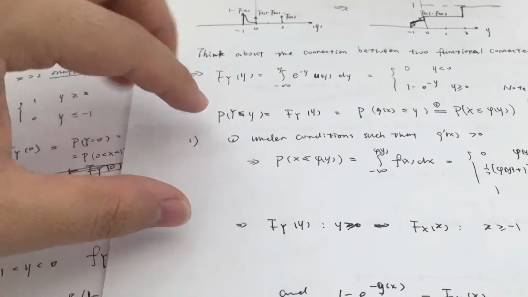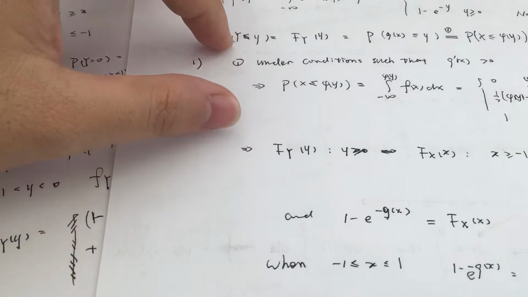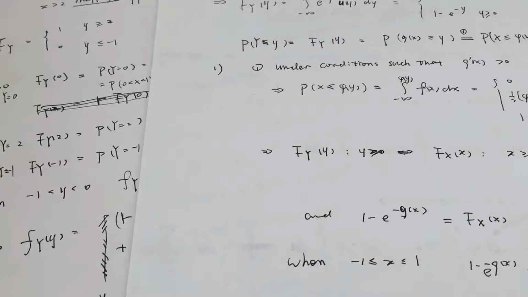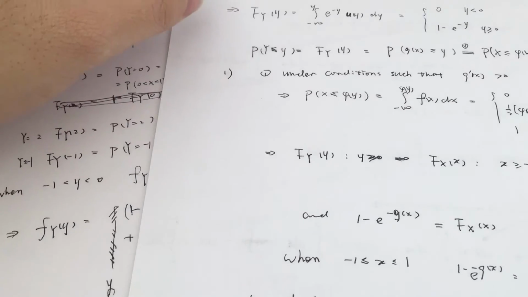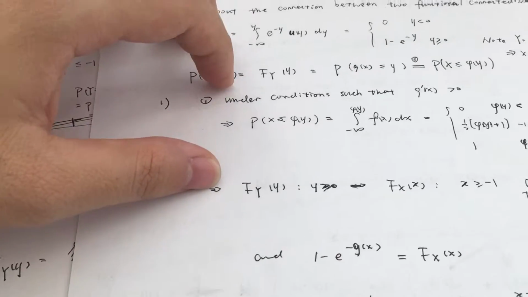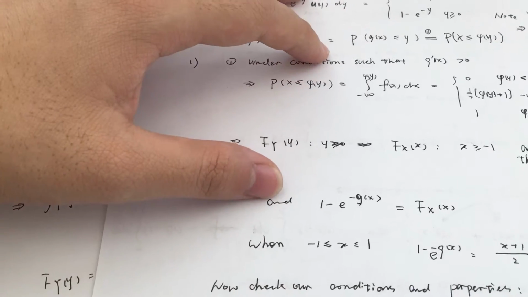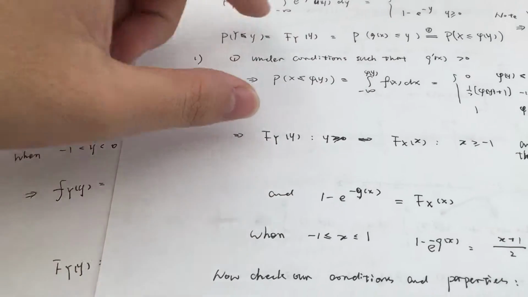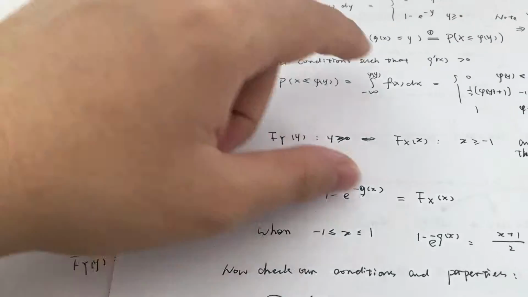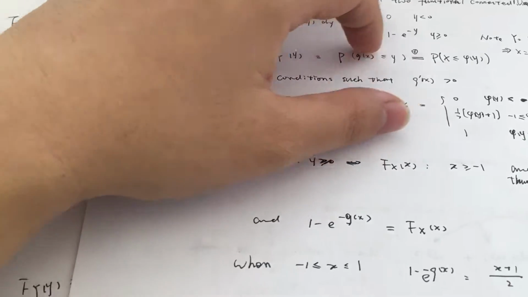The probability that Y is less than lowercase y is F_Y(y), and it equals, when you change the capital Y to g(X), the probability that g(X) is less than y.